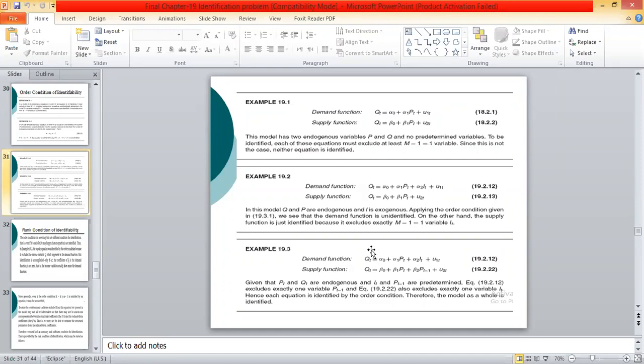So first we calculate the total number of variables in the model. The total number of variables in the model is quantity, price, income, and fourth, the previous year's price.